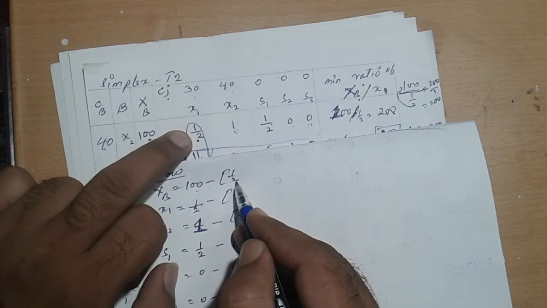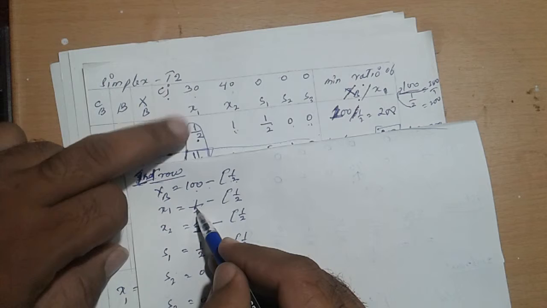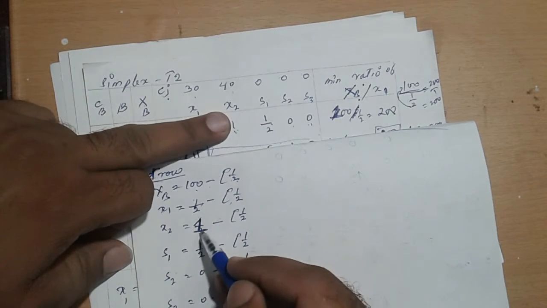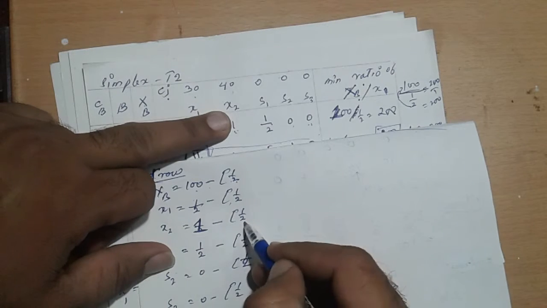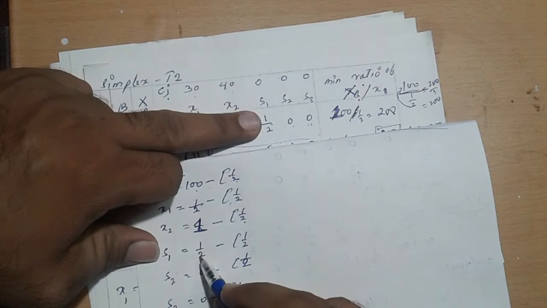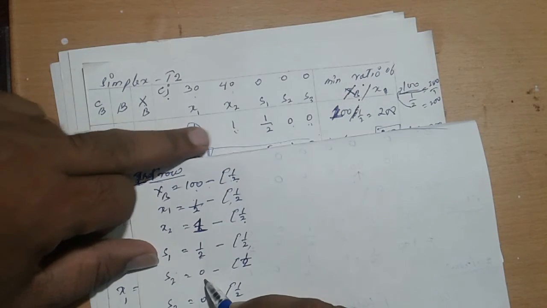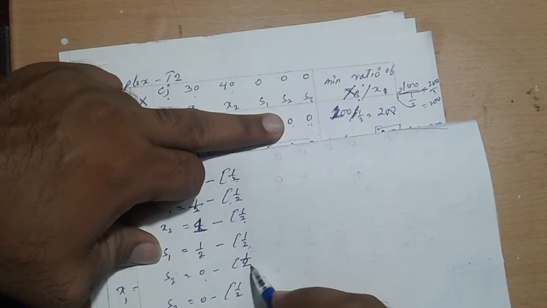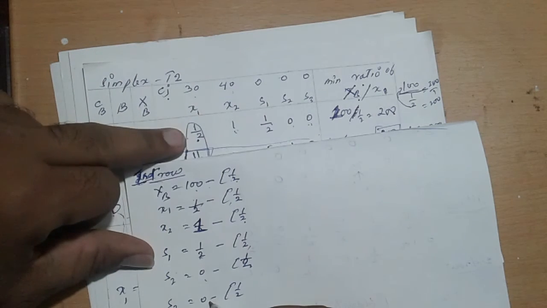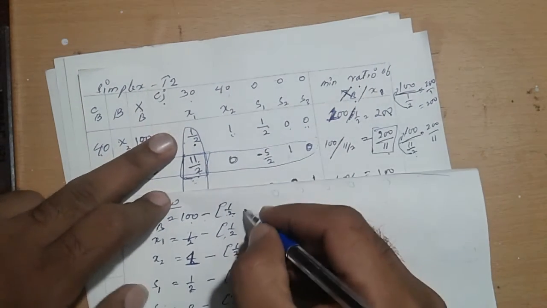For x1 also, old value is 1 by 2 and the key column is the same. For x2, old value is 1 and the key column is the same. For s1, old value is 1 by 2 and key column is the same. For s2, old value is 0, key column 1 by 2. For s3, old value 0, key column 1 by 2. So new values we have to calculate into new value.